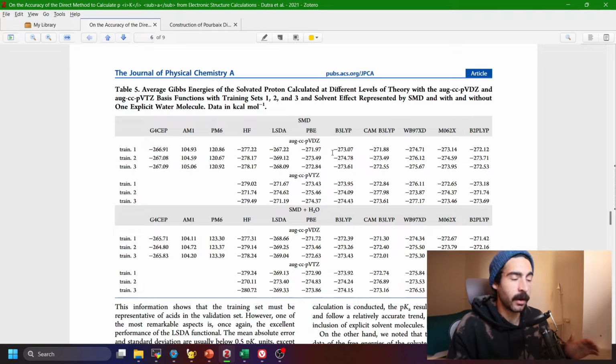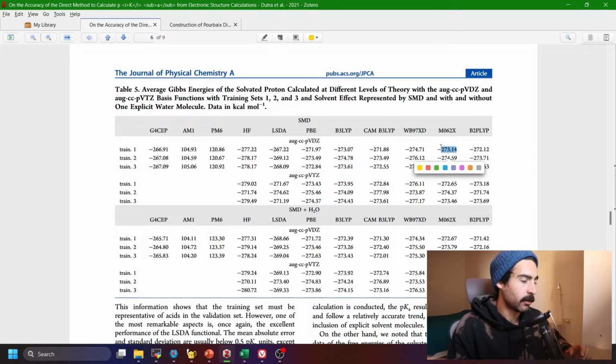Today I'm going to be giving an example using the functional M06-2X. For that calculation, we'll want to use this value for the energy of the solvated proton, negative 273.14 kcal per mole. This was achieved using their training set 1, which is from the complete study of 22 different acids.